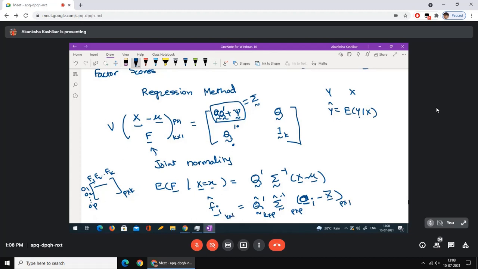So basically, scores for the first observation are here. Scores for the second observation are here. So I should perhaps call this S_i, scores for the ith observation.